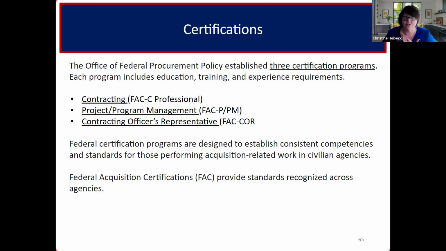These certifications are designed to establish consistency and standards across the civilian workforce, and they're recognized by all agencies. So if I'm certified in contracting with the VA and I go to work for NASA, I'm still certified in contracting, and I've got a foundational knowledge. That's how the talent can move between agencies, and we're not retraining people.